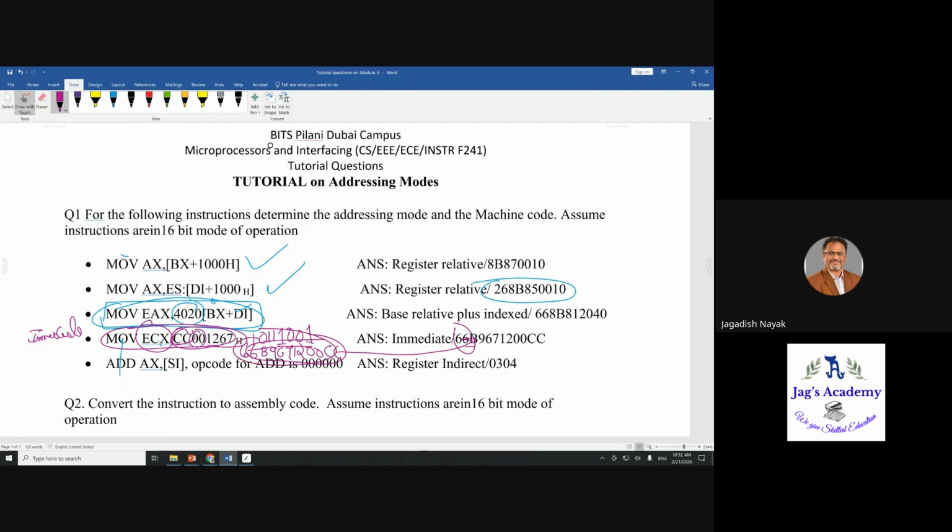Sir, why did 67 not come here? It's part of the data. Yeah, it is part of the data, right? It's not required. So see, we have only offset address size violation and register size violation.